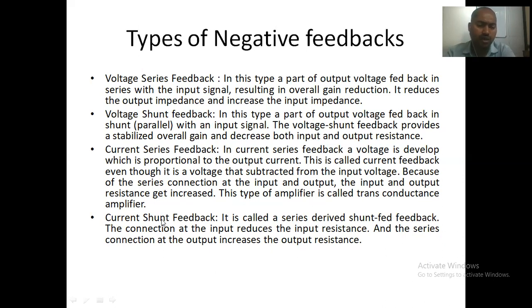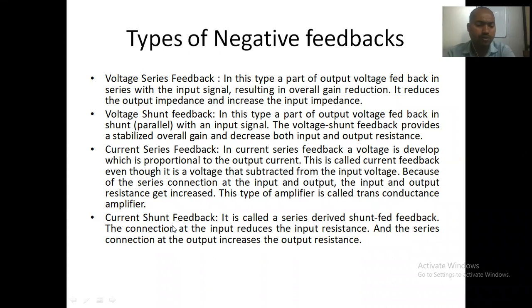What happens when we use this type of feedback in an amplifier? Its effect is that the impedance or resistance with respect to the input is reduced.